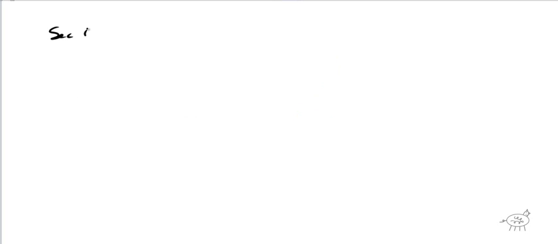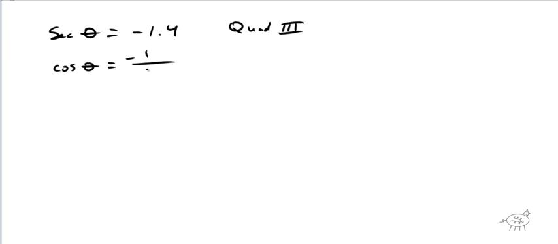Last example here. Secant of theta is equal to negative 1.4, and I'm telling you it's in quadrant 3. That's really friendly, really easy. I'm telling you the quadrant. I'm like your best friend. So cosine of theta is equal to negative 1 over 1.4.